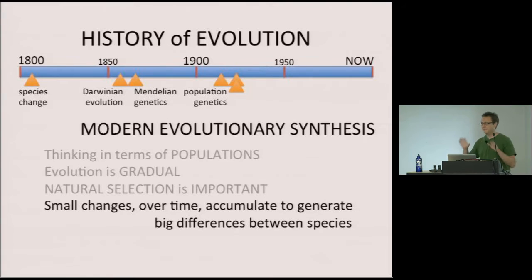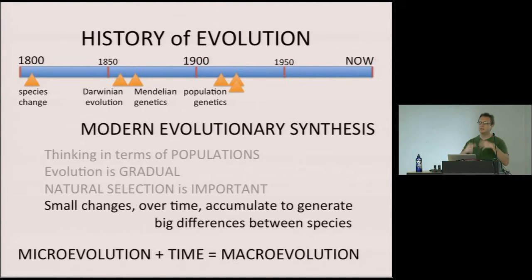And really, the main thing to come out of this modern synthesis is that small changes over time accumulate to generate the big differences we see between species. And so at the time, and even now, this is still sort of a working hypothesis, that you have this microevolutionary process described by population genetics.